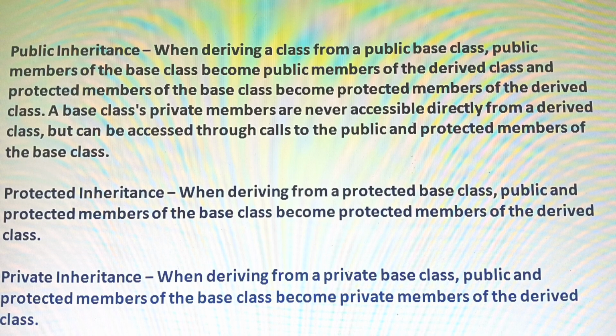It is public, no problem. All the members and functions are public in the derived class. That is the difference between public inheritance, protected inheritance, and private inheritance. Is it clear now?